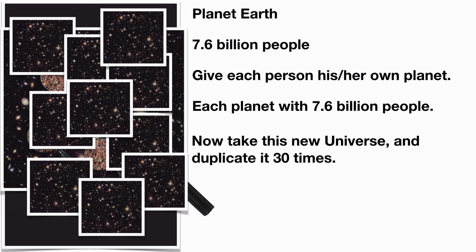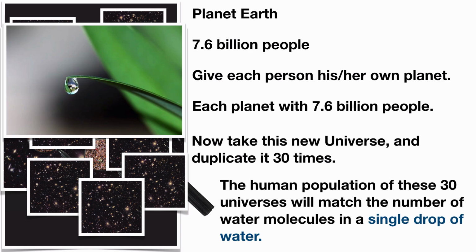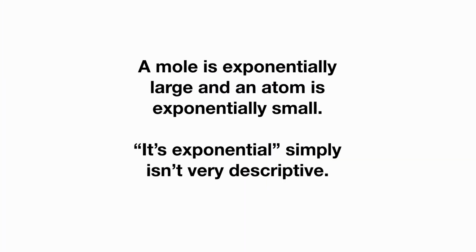Now you take this new universe and duplicate it 30 times. That's a ridiculous number of people. But the human population of these 30 universes will match the number of water molecules in a single drop of water. So a mole is exponentially large and an atom is exponentially small. Just saying the phrase "it's exponential" is not very descriptive.